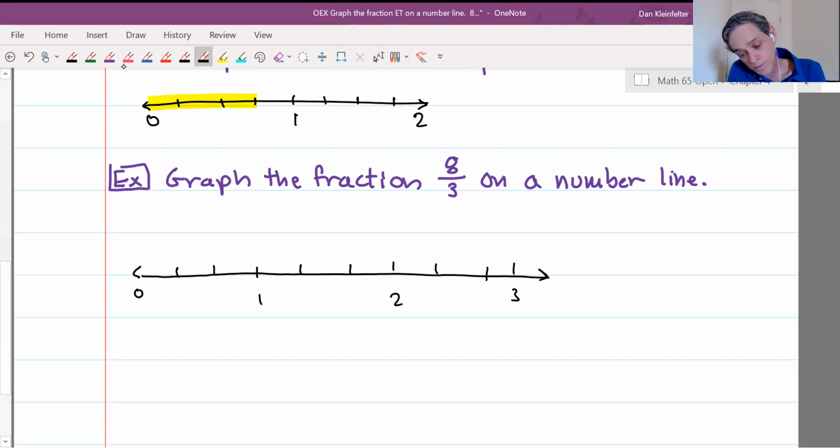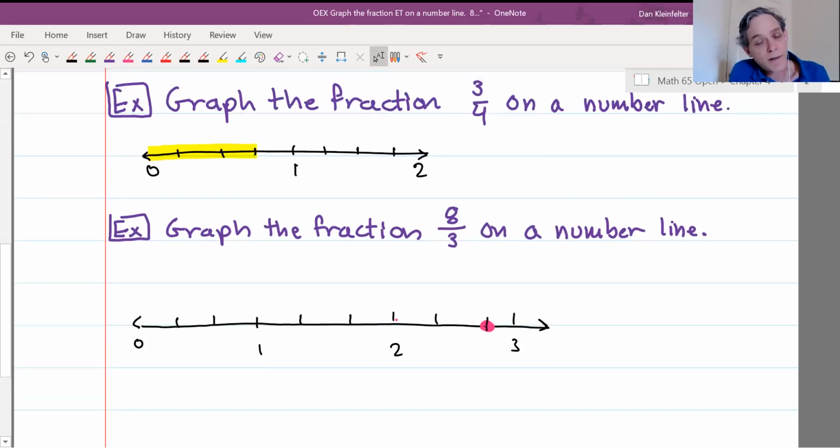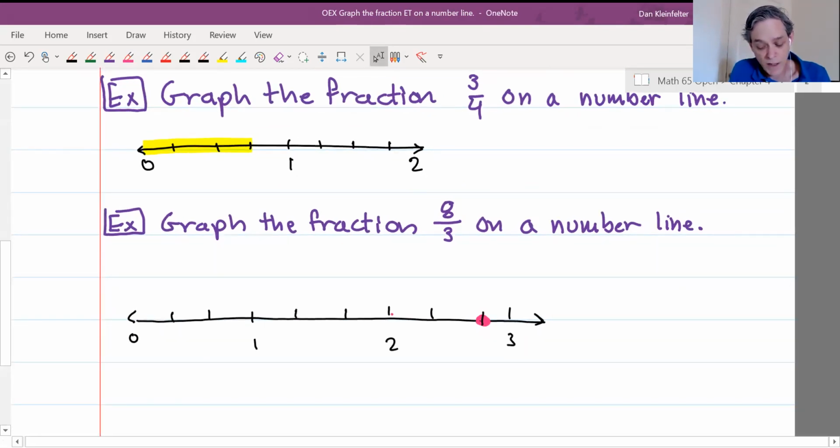So I'll count: 1, 2, 3, 4, 5, 6, 7, 8 thirds. This time I'm using a dot to represent 8 thirds. For the 3/4, I used a bar. Either way is okay. They both represent the value that we wish to represent.